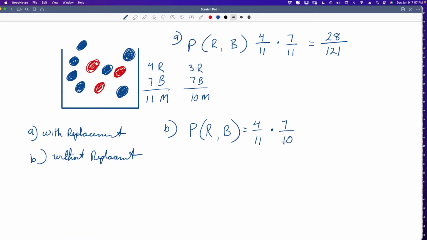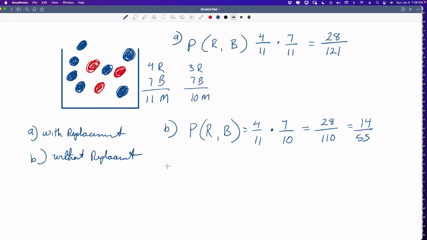So you see how that total number reduces? So now I have a 28 over a 110 chance, which then reduces to 14 over 55. So you could see how your chances to get what you want increases whenever you take possible options away.